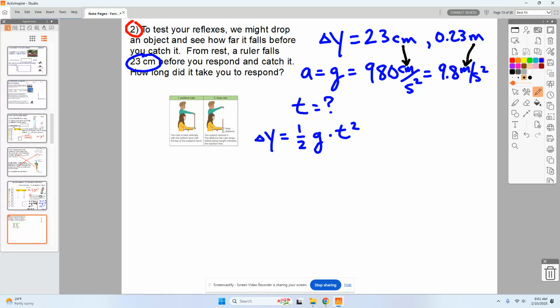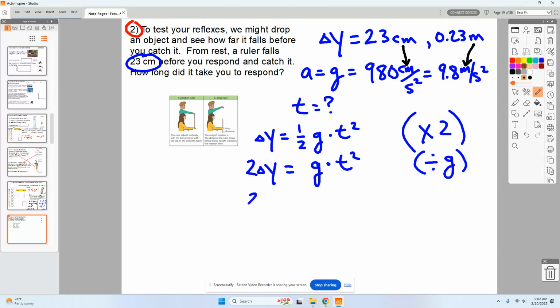The first thing I'm going to do is multiply both sides by 2. When I multiply both sides by 2, this becomes 2 delta y is equal to g times t squared. Next, since I'm looking for t, I'm going to divide both sides by g.